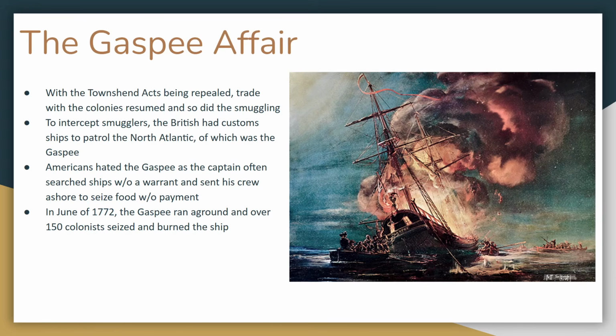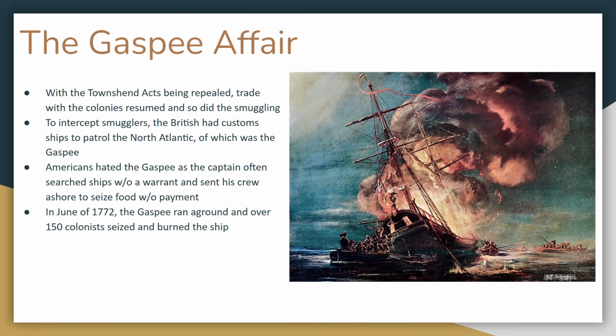He makes a fatal mistake a couple years later in 1772. I don't know the details behind this. I would blame it on a poor navigator. But he runs his ship aground, and the colonists find out, and 150 of them wade out into the water and seize all the stuff that's on the ship and then burn it.